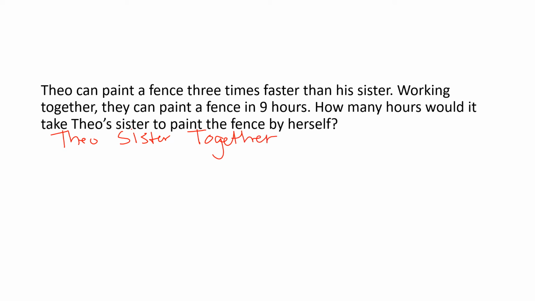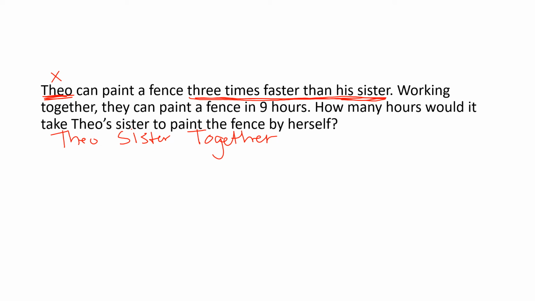All right, now filling stuff in, Theo can paint a fence 3 times faster than his sister. I don't know how long Theo takes to paint the fence, so I'm going to call him x. But I know that he's 3 times faster than his sister, which means that his sister takes 3 times as long as him.